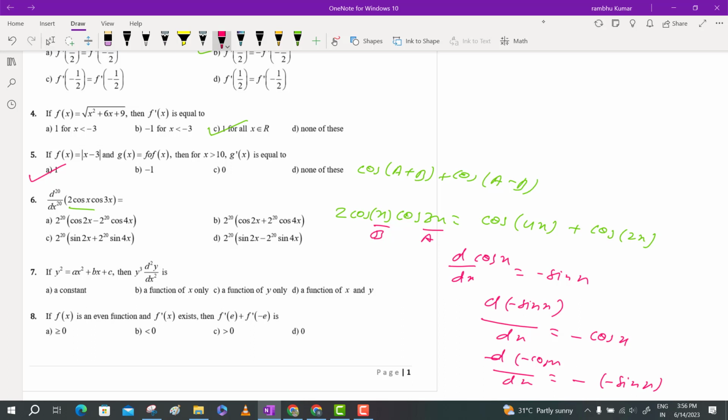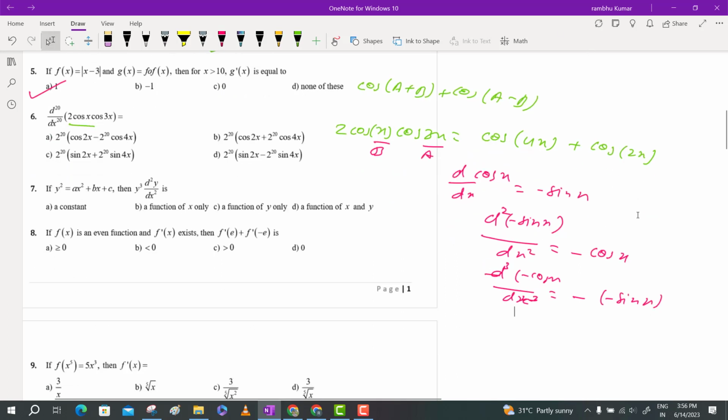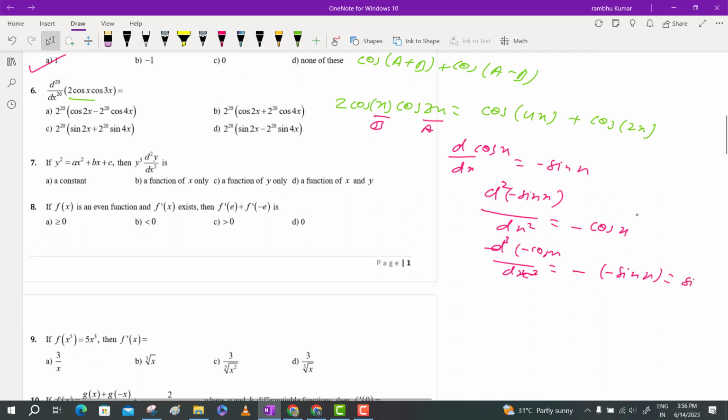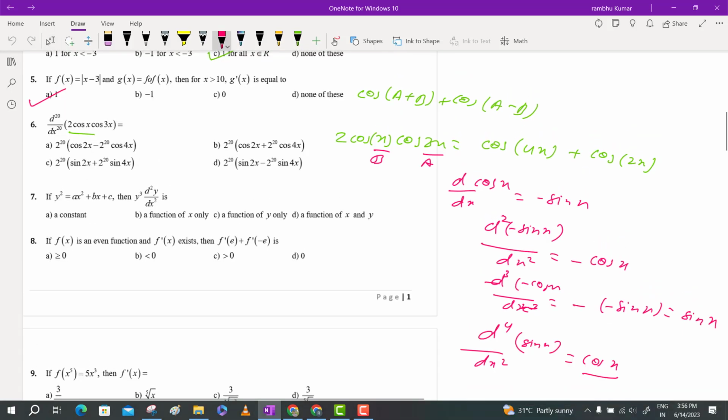Okay. So this is the first derivative, this is the second derivative, this is the third derivative. So third derivative is how much? Sin x. And now the fourth derivative is equal to cos x, which means this particular function cos, its derivative repeats after the fourth derivative.